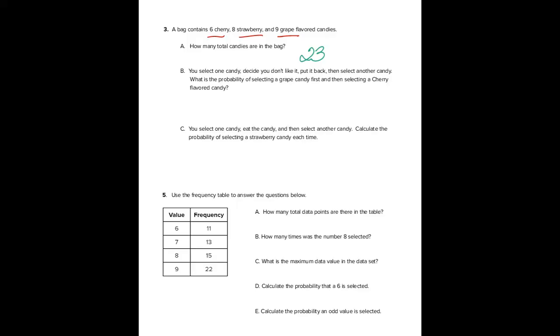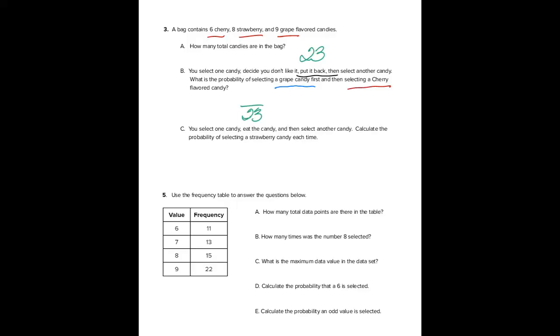You select one candy, decide you don't like it. I suppose you don't taste it, you just don't like it. Put it back, then select another candy. What's the probability of selecting a grape first and then selecting a cherry? Okay, and we are putting it back. All right, so for my first draw, I know I have 23 total.